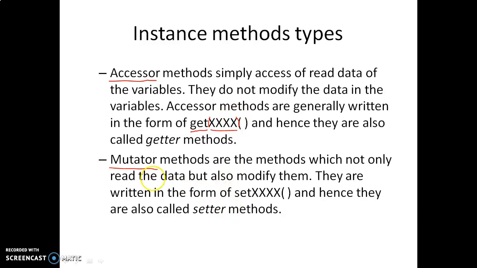In the same way, the mutator method uses the set keyword and the variable name, that is the member name, public, private or protected variable's name. These methods can be created for any type of variable, either public, private or protected. Generally we use these methods for private variables.